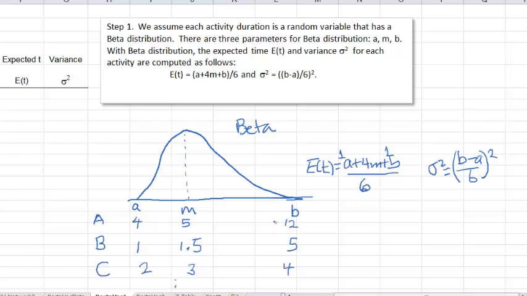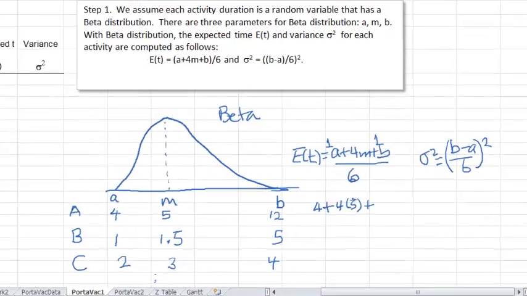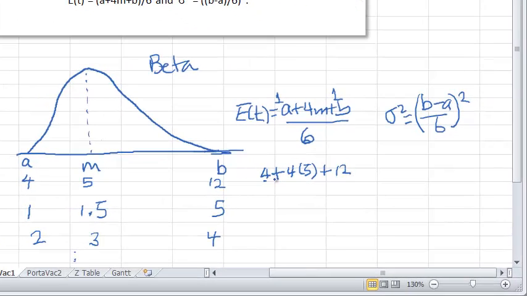So let's just do a couple of practice calculations. Let's say you wanted to get the expected time for A, we would go 4, so that's the A, plus 4 times 5, plus 12, and then divide that by 6. In the numerator we get 36, so 36 over 6 is 6.